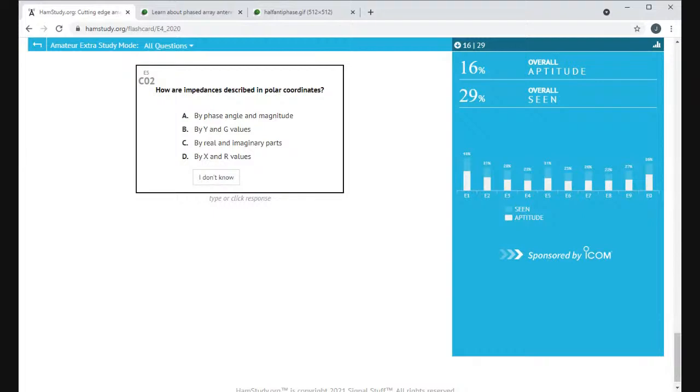How is impedance described in polar coordinates? A, by phase angle and magnitude. B, by Y and G values. C, by real and imaginary parts. D, by X and R values.